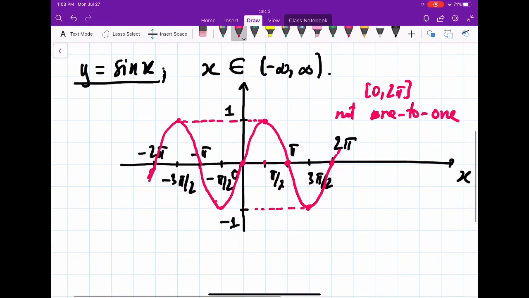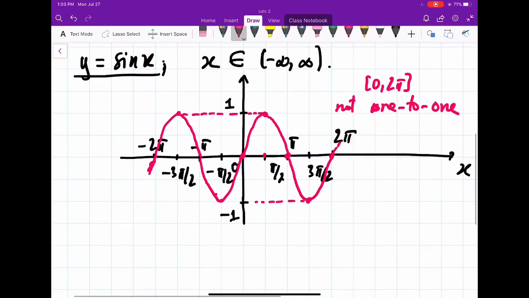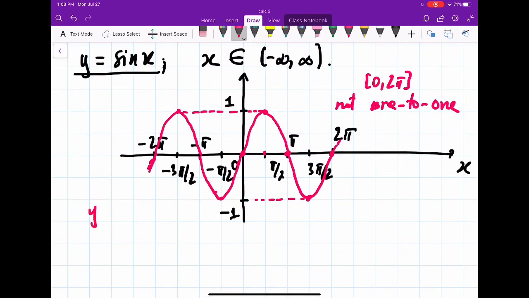Again, if we restrict the domain of the function, psi of x might have an inverse. I hope you remember the situation for y equals x squared, right? This is a parabola, but if you restrict the domain, you just consider this part, so the function will be 1 to 1. We do almost the same thing for psi.